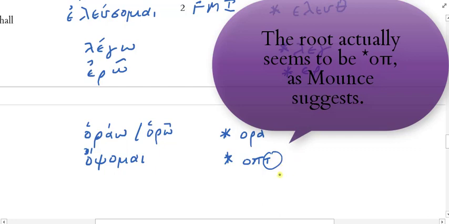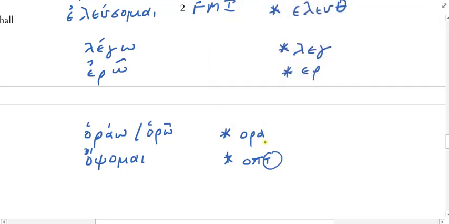Actually, I need to check on that. He gives it, he says op. I think that there's a tau in here. Either way, you can see that there is no relationship between these two. All right? They're coming from completely different roots as well.